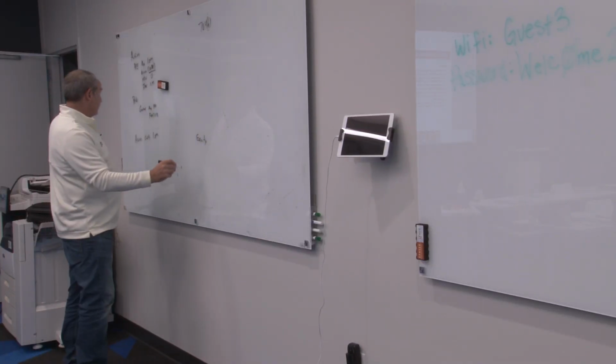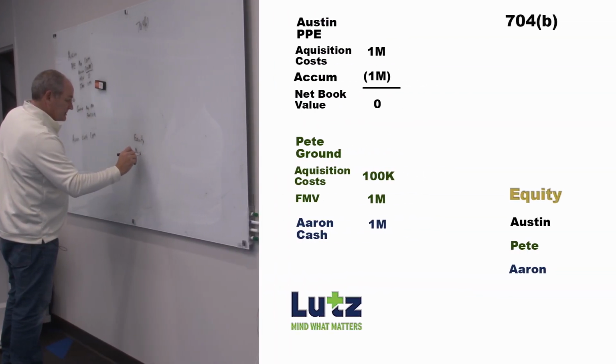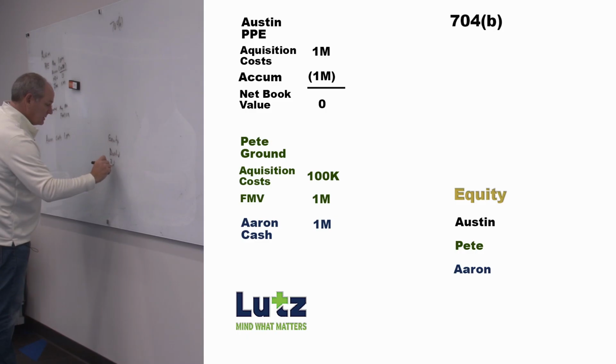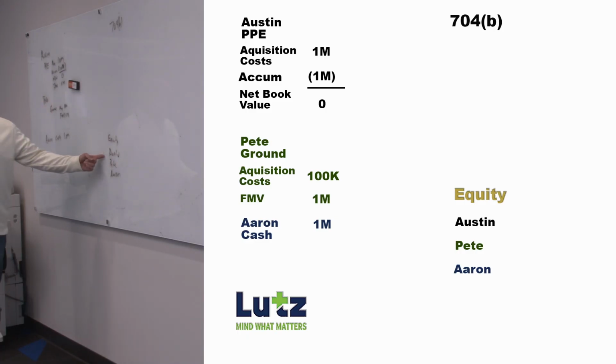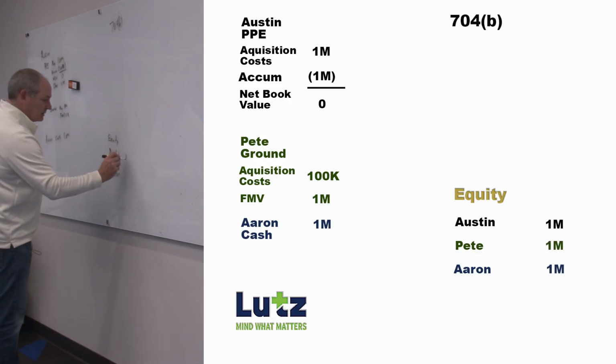We have the equity section, because that's where you said that we need to start. Taking a note saying that we always start in the equity section is worth taking a note about, I think. So we have Austin, Pete, and Aaron, correct? What's Austin's fair market value equity? They're all $1 million.